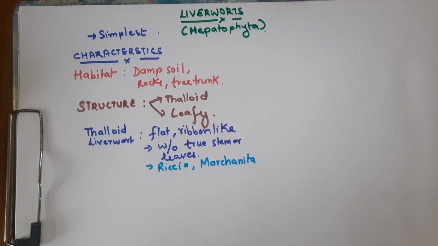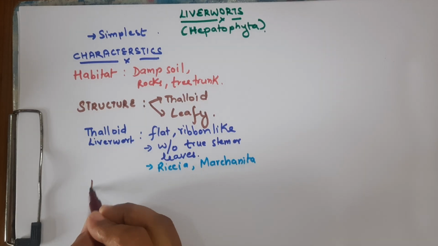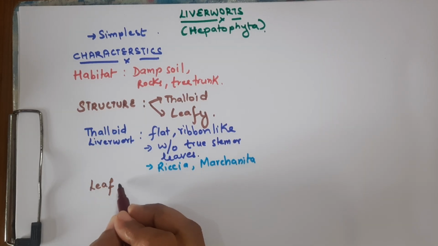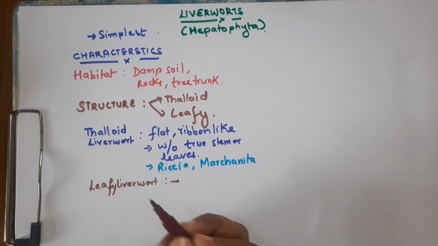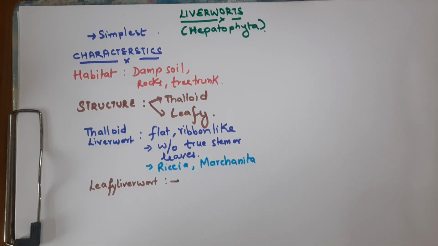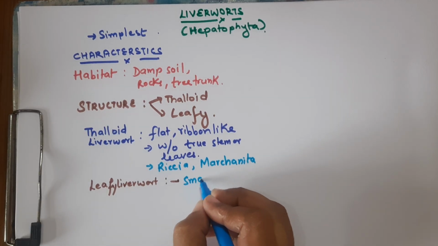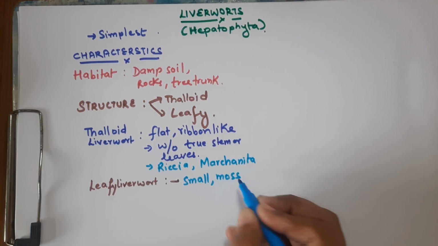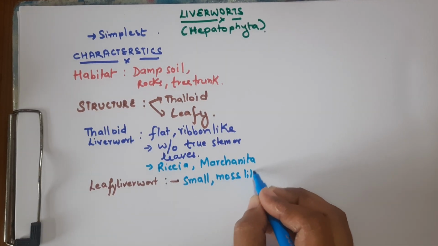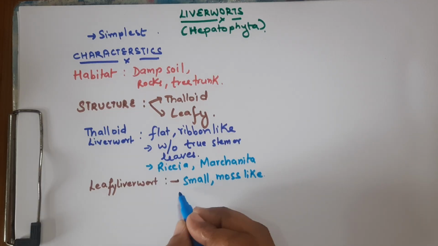Now let's talk about the leafy liverworts, the second kind. The leafy liverworts appear small and have a moss-like appearance with a leafy arrangement.